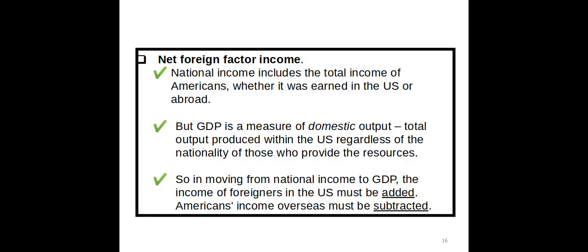So the first thing is net foreign factor income. Our national income includes the total income of Americans, whether those Americans are living in the United States or living abroad. But since we're trying to just measure domestic output, we have to do some adjustments. We have to add in the income of foreigners living in the United States, and we have to subtract out the income of Americans living overseas.